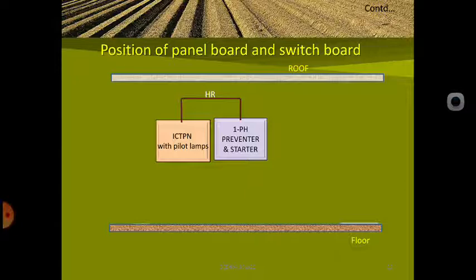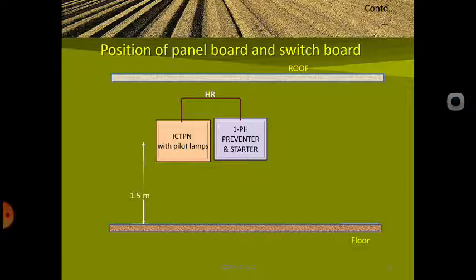So from the pole to the energy meter, from the energy meter to the ICTPN, from the ICTPN to the protective devices, that is a single phase preventer and a starter. From the starter to the motor is another connection. Now the energy meter, ICTPN switch, and single phase preventer and starter, whether it's a dual starter or a single starter, have to be placed on one nearby distribution board, nearly 1.5 meters from the ground floor.